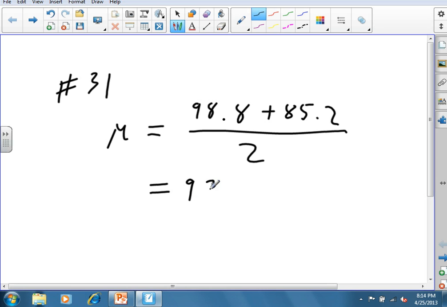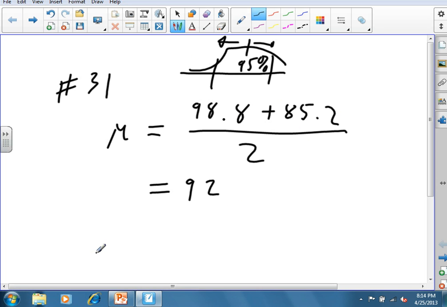Now the issue is, what is the standard deviation? If 95% of the data occurs between those 2 points, that means we have 2 standard deviations this way and 2 standard deviations that way.